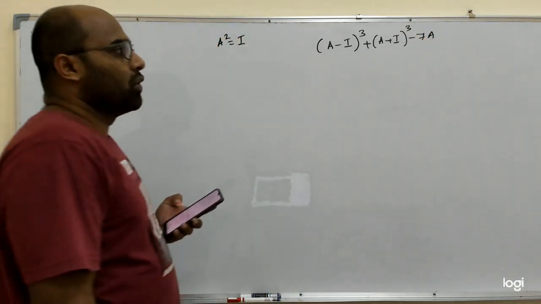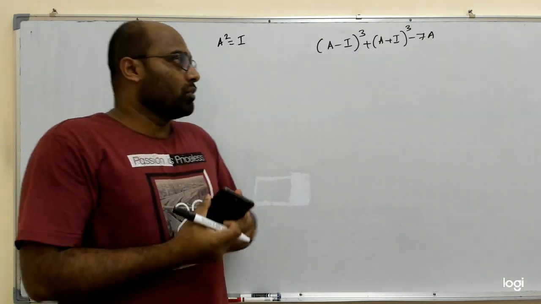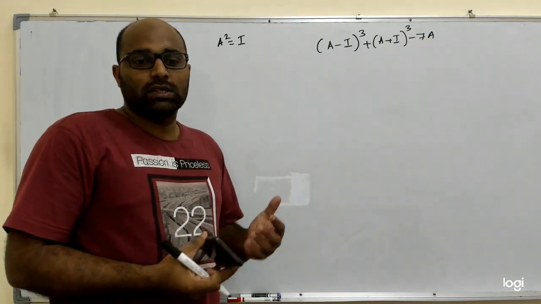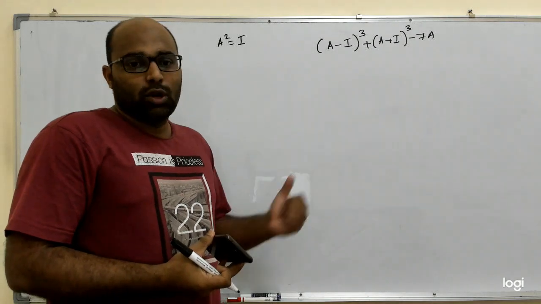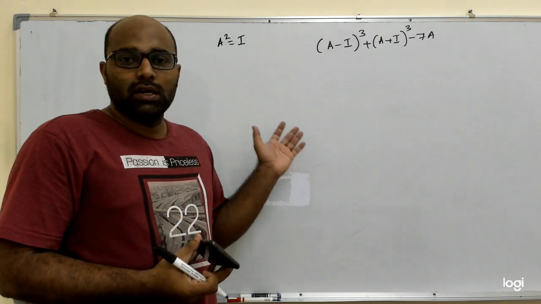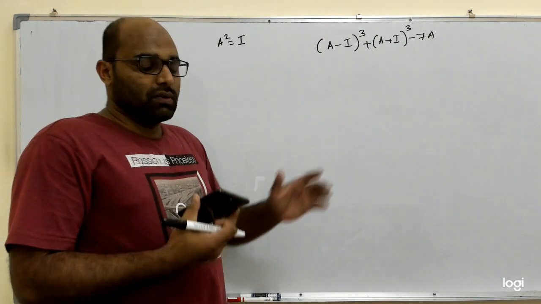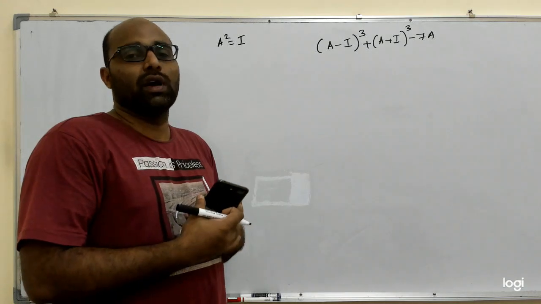This is an important question from matrices and determinants that I am sharing. Already I have given some questions from inverse trigonometry, and relations and functions and differentiation will also be shared. So we want to find the simplified value of this expression.